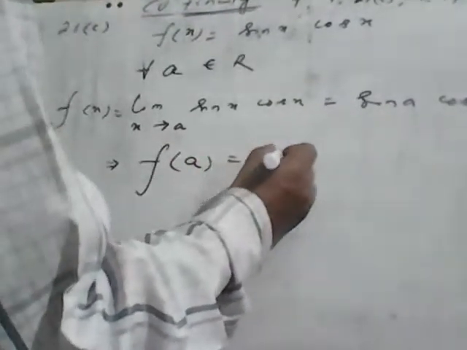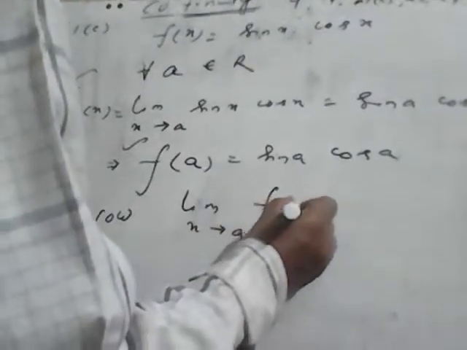Now that implies, limit x approaches A of f(x) you are getting. f(A) you can calculate directly, that is also sin A into cos A. Limiting value and value of the function both are equal.